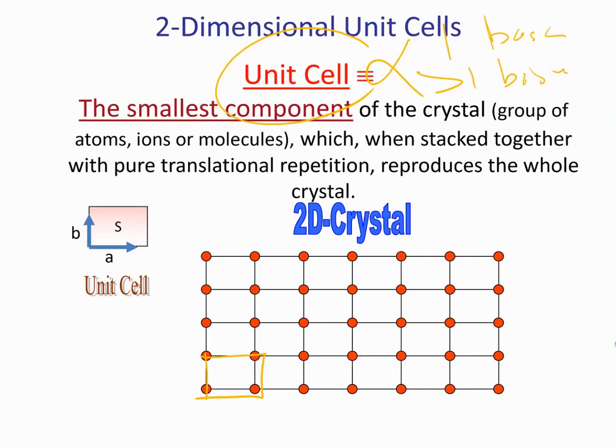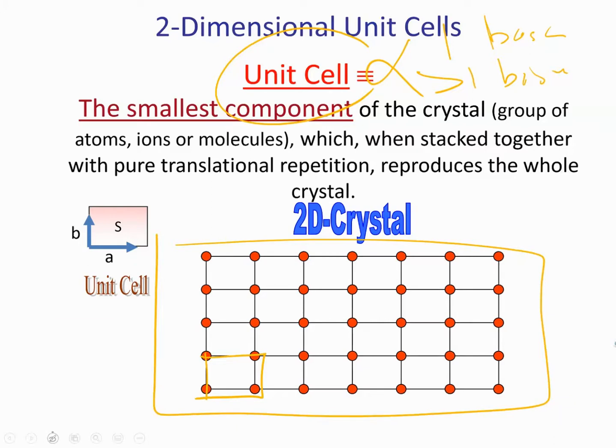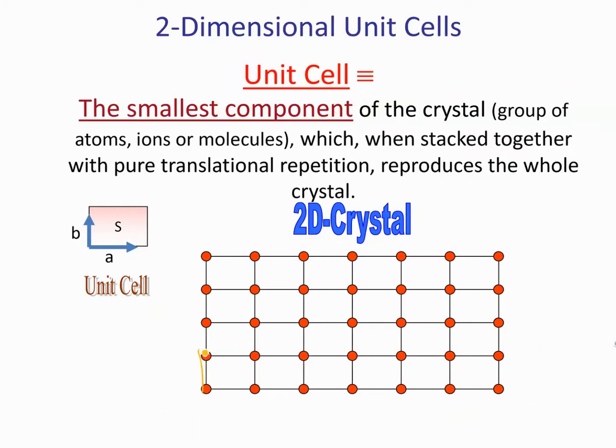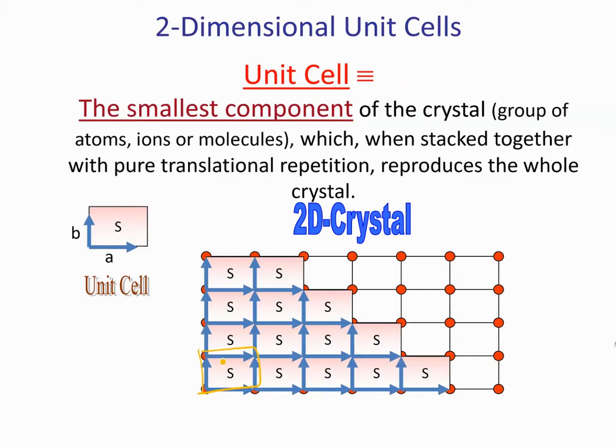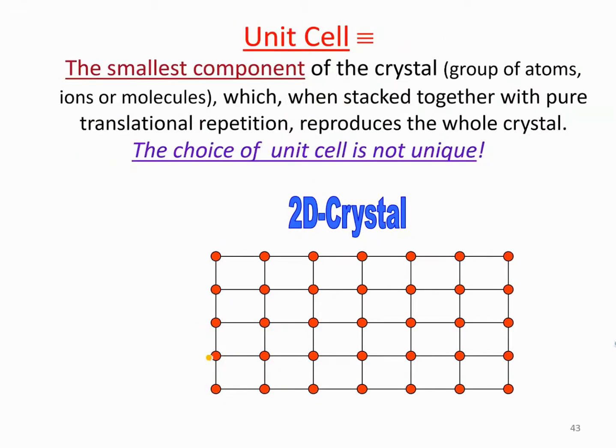So unit cell, the definition is the smallest component. So from this crystal structure, of course, we can say that this is the smallest component, right? And then when they stack together, it can reproduce the whole structure. You can see that, okay, I have this unit cell, then when I stack together, I can reproduce the whole structure. So I can pick this as the unit cell.